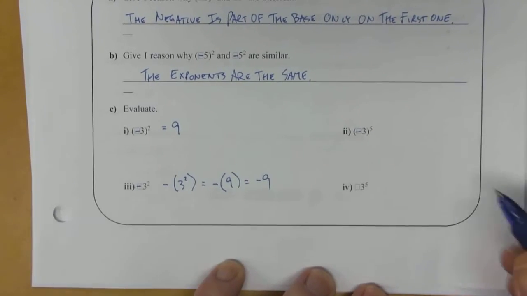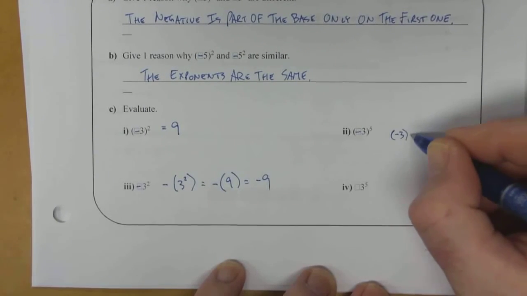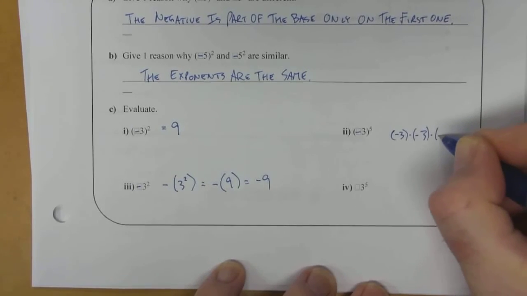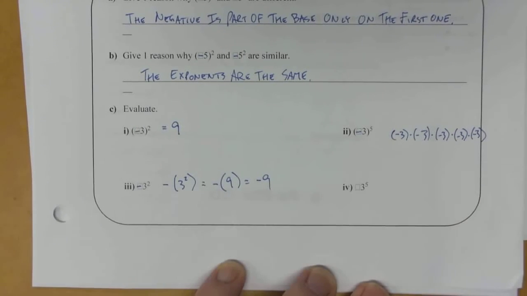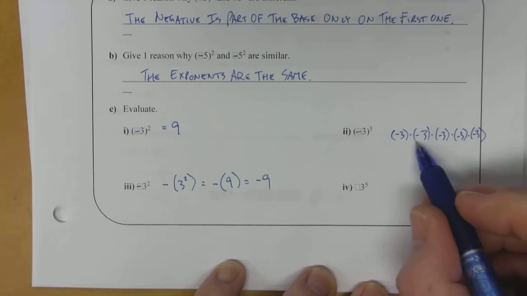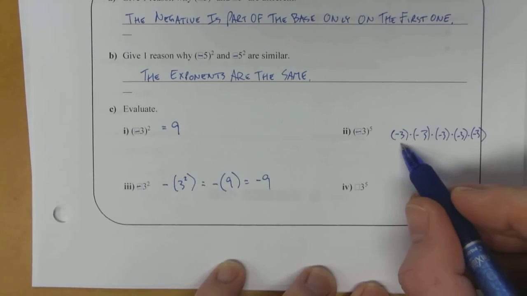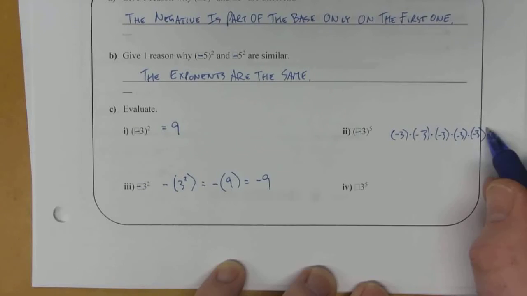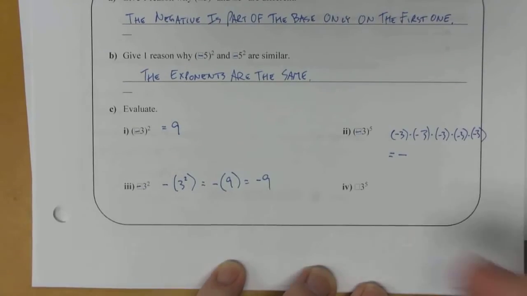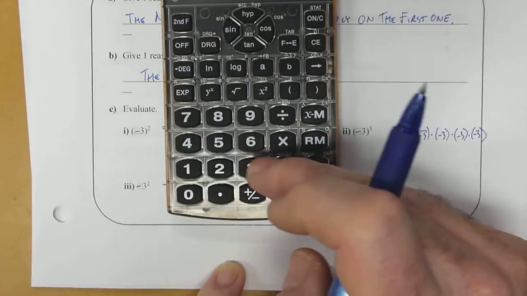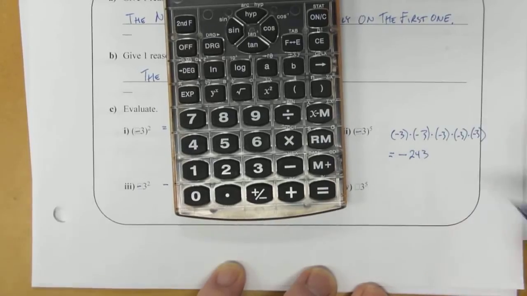So (-3)⁵, negative 3 is the base, so it's negative 3 times negative 3 times negative 3, negative 3, and negative 3, which it's an odd exponent, so sure I could pair these up, but I'm going to have one negative left over once I've done that, so it is going to be a negative answer. And if you calculate 3 to the 5th power, it's going to be 243, so it's a negative 243.